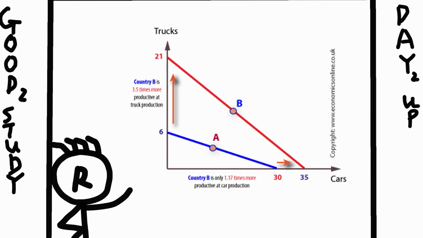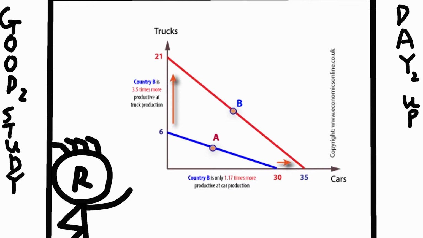So the answer is country A has the comparative advantage of producing cars. This is because for every car that country A produces, country A will have to give up 0.2 trucks. So the opportunity cost for country A to produce cars is 0.2 trucks.